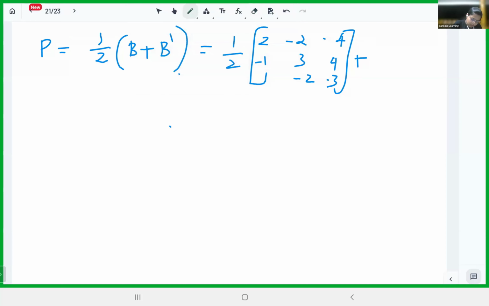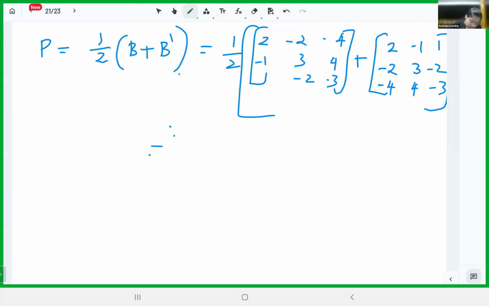Okay, so if I take this one outside, you can write this one like this. B transpose is nothing but 2, minus 1, 1, then minus 2, 3, minus 2, minus 4, 4, and minus 3. Okay, so what is the value?